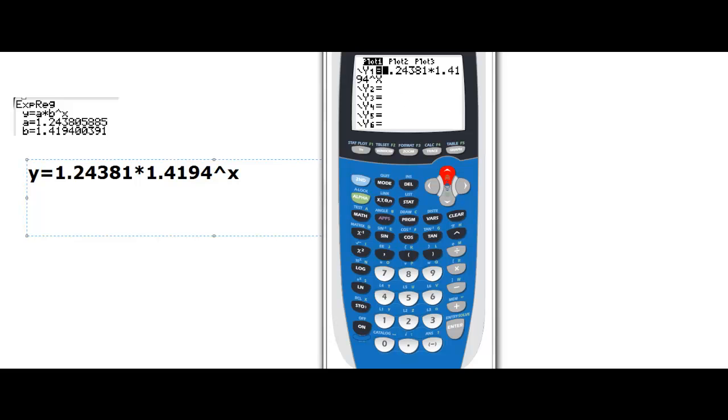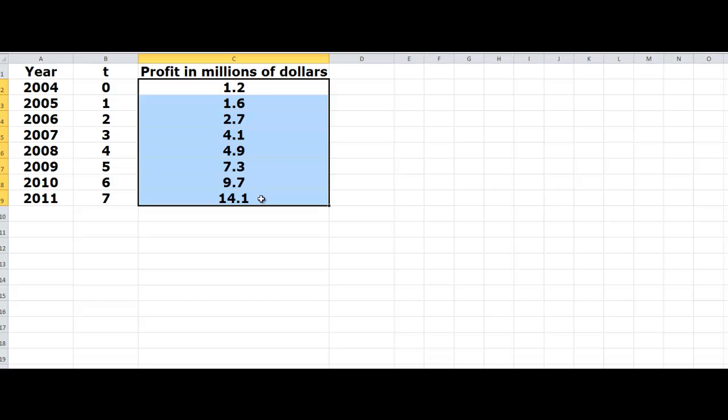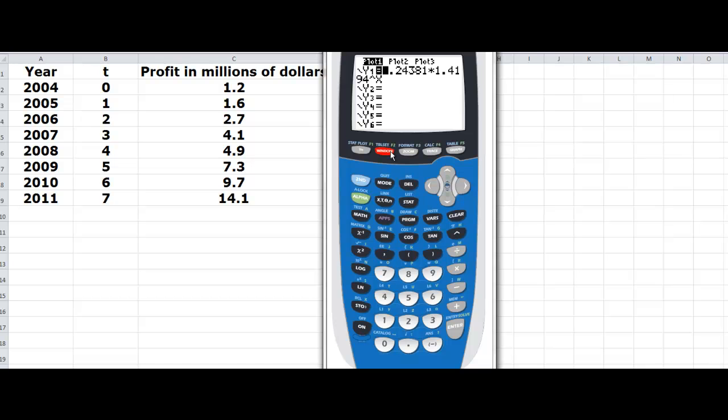And now remember, your t values go from 0 to 7 and the y values go from about 1.2 to 14.1, so let's adjust our window. Well, 0 to 15 is okay here, and then for y let's put 0 to 25, because in the next part we are being asked to use just the graph to determine the year in which the profit will reach $22 million.